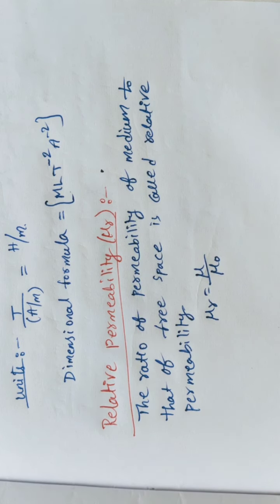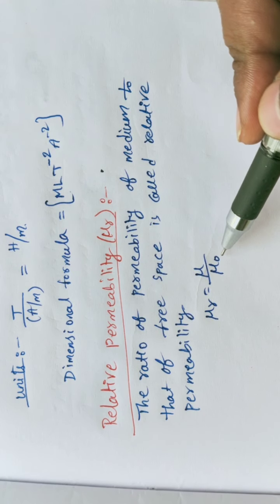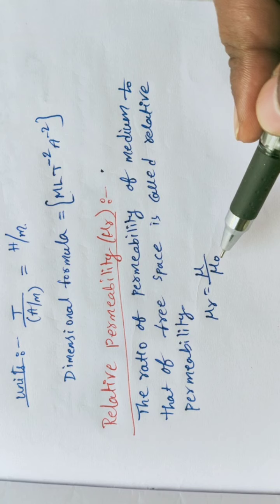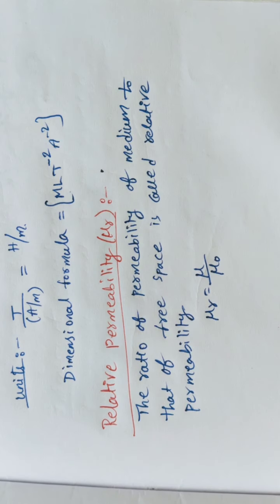The reason is that both the permeability of the medium and the permeability of free space or air medium have the same units, Henry per meter. So both cancel, and finally we get no units and dimensions for relative permeability.